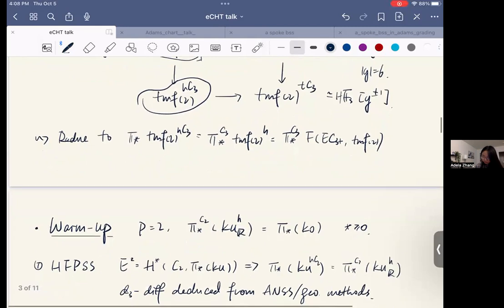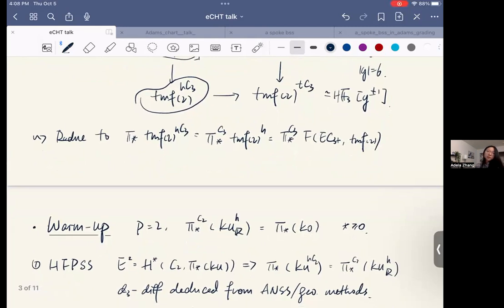There are non-trivial D3 differentials that are deduced either from an Adams-Novikov spectral sequence or some geometric methods. So this is some non-trivial differential.